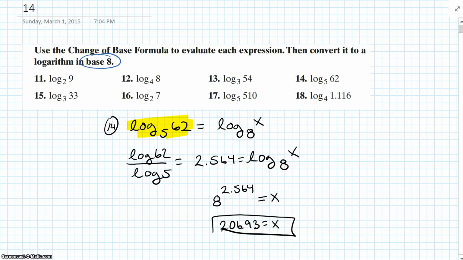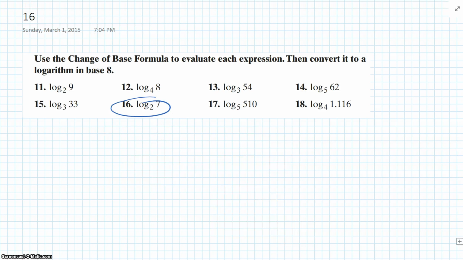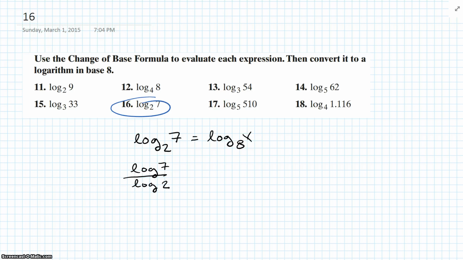All right, next one. 16. Same concept. So we can rewrite it: log base 2 of 7 is equal to log base 8 of x. So we can rewrite this as the log of 7 over the log of 2 is equal to the log base 8 of x.